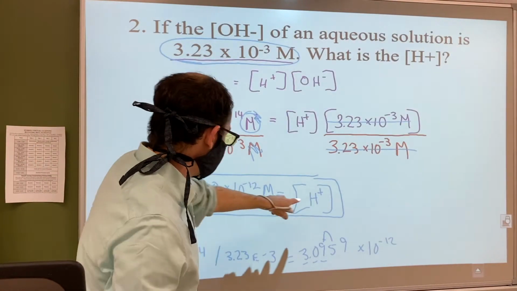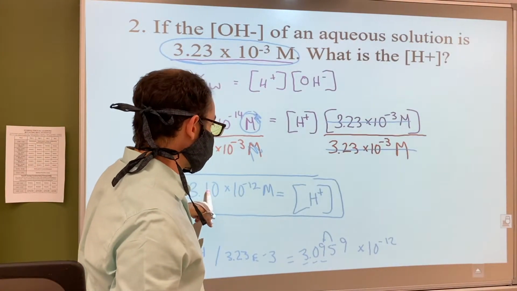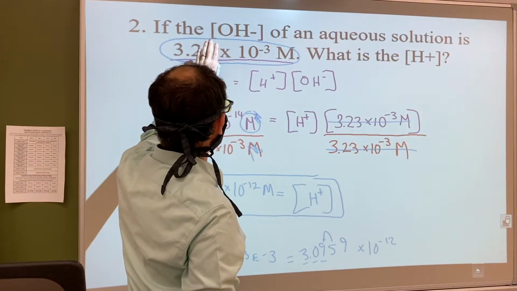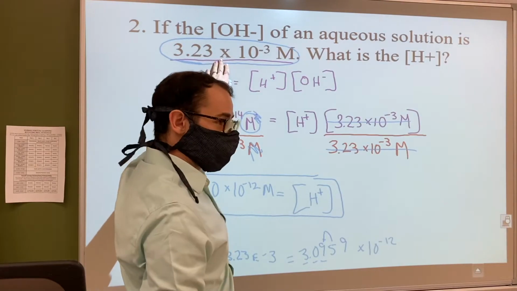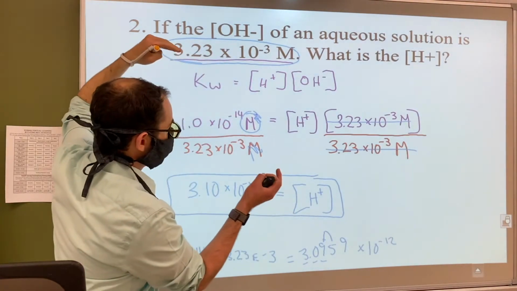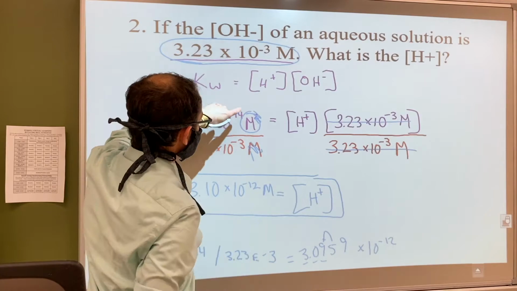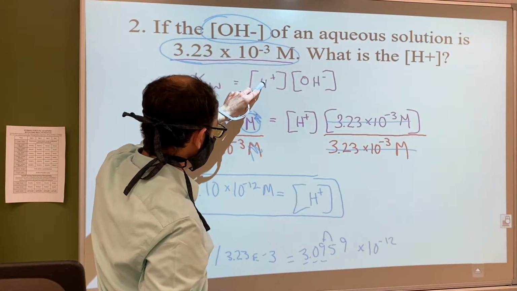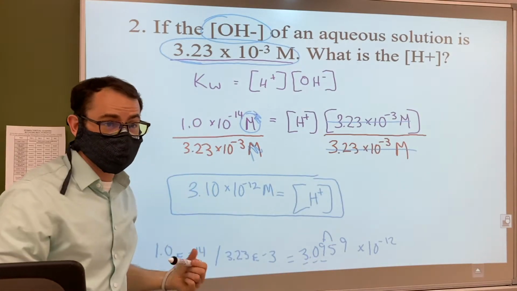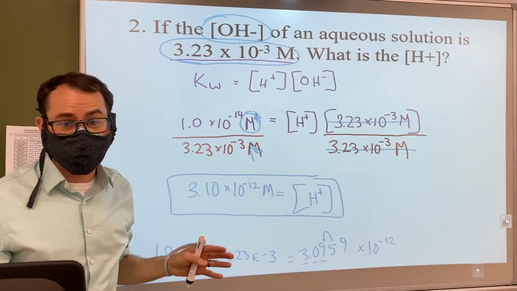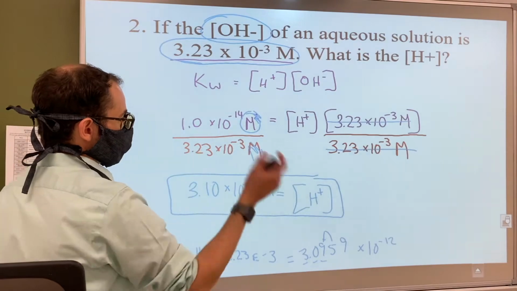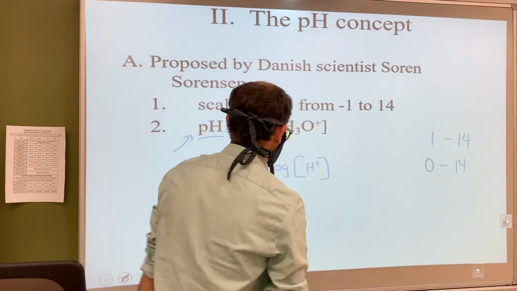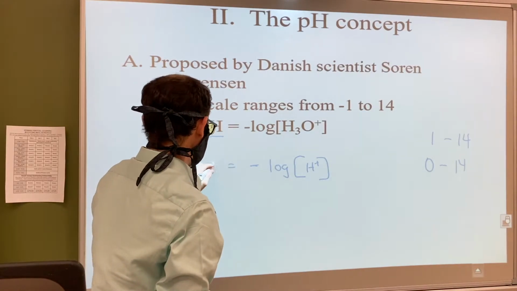So if you have H plus, you can plug it in, which is why this equation is important, because if they gave you OH and said find the pH, you would have to do this problem first to go from OH to H plus and then plug it into the new equation. So that's as complicated as it gets, really, having to use two equations to solve a problem, all right? And we're going to go through how to use this equation right now.